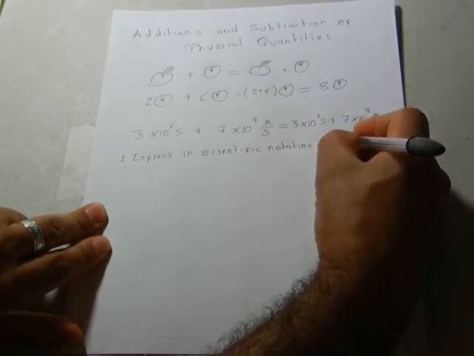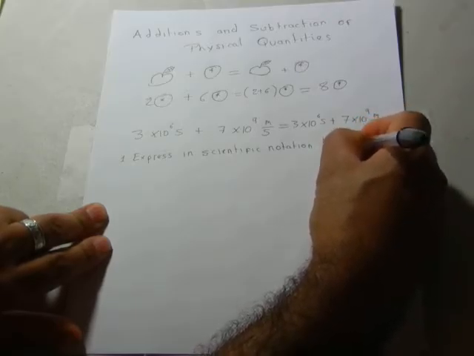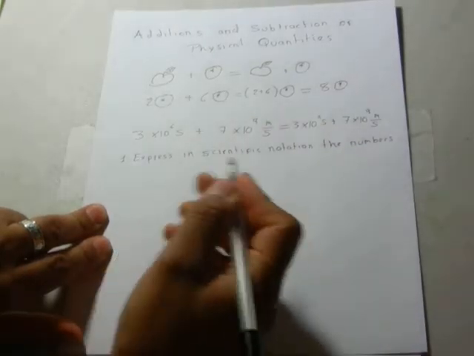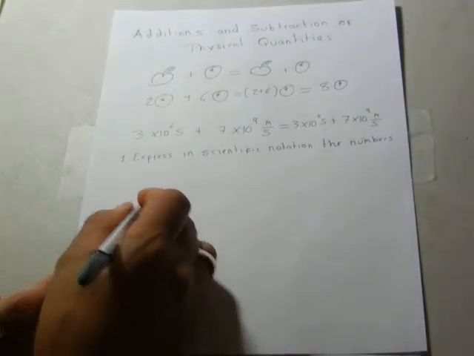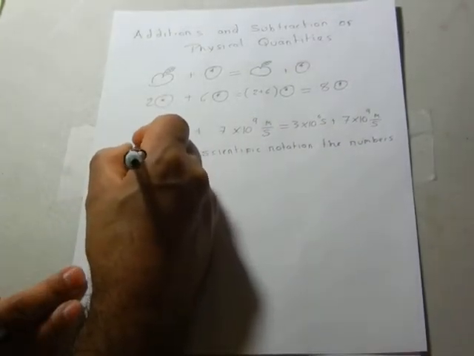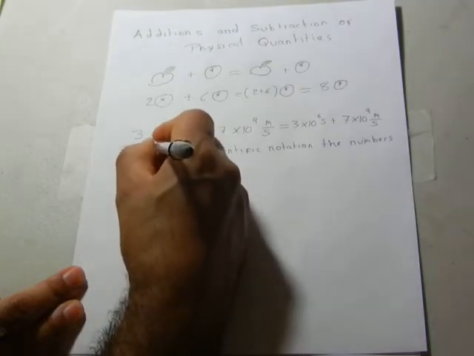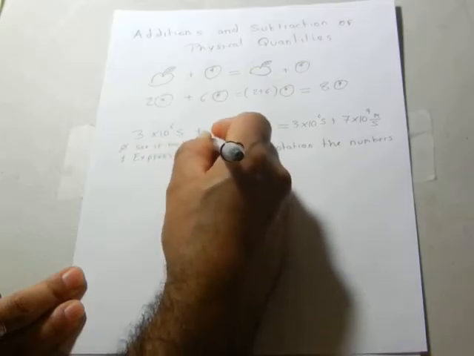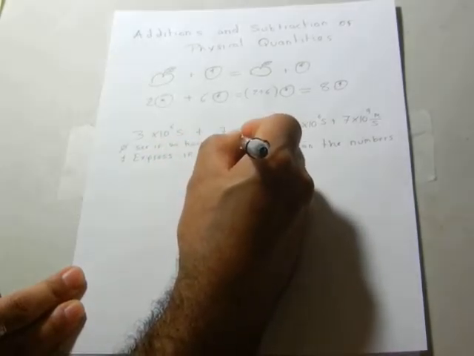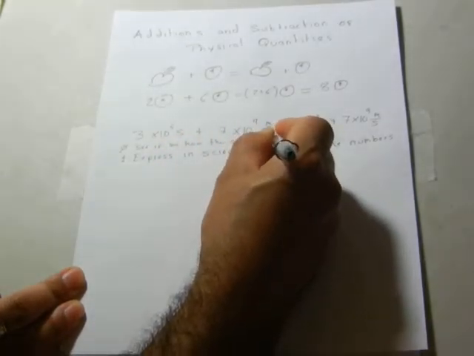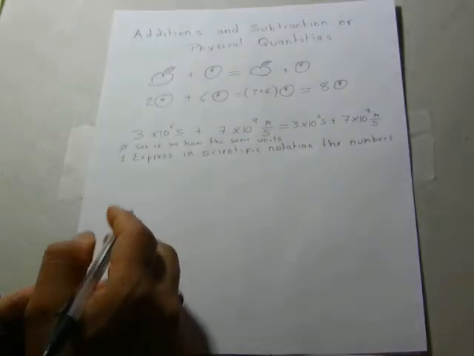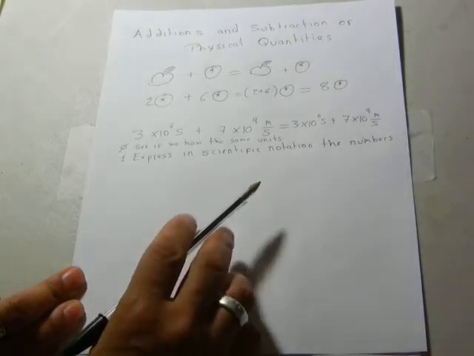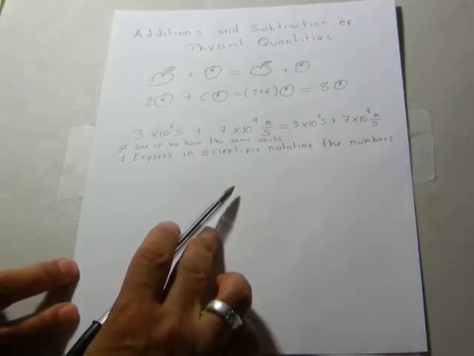Probably we need to mention that in step 0, see if we have the same units. So after that, simplify expressing in scientific notation every single part of the numbers.